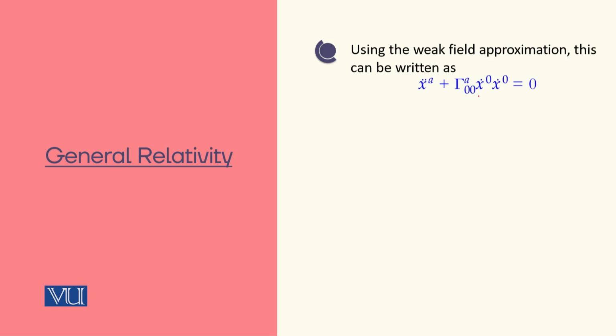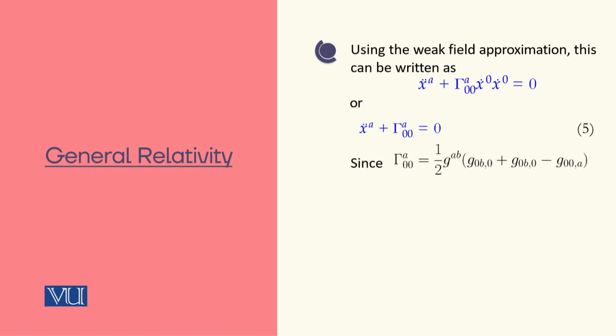Here we have taken gamma symbol 0 0 instead of AB. The reason is x i dot is 0, so we have taken only the non-zero values. As we have seen in the last slide, x dot 0 is 1, so we have reduced this equation to this form.